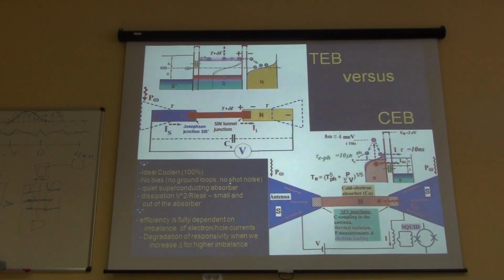Then, of course, several other good things. An ideal cooler, because it would permit tunneling of electrons and holes without any problems. Dissipation V squared divided by R is also quite good, because it would be concentrated there and so on. But only one question, imbalance.